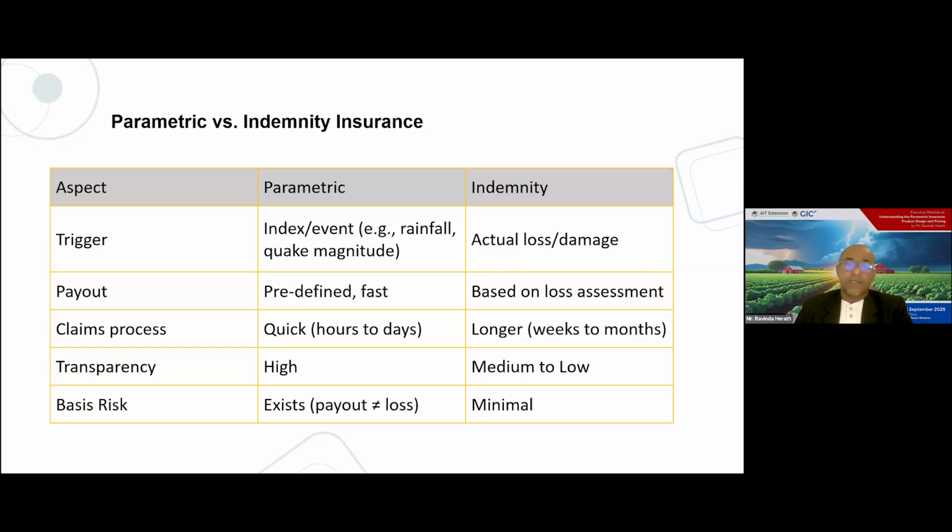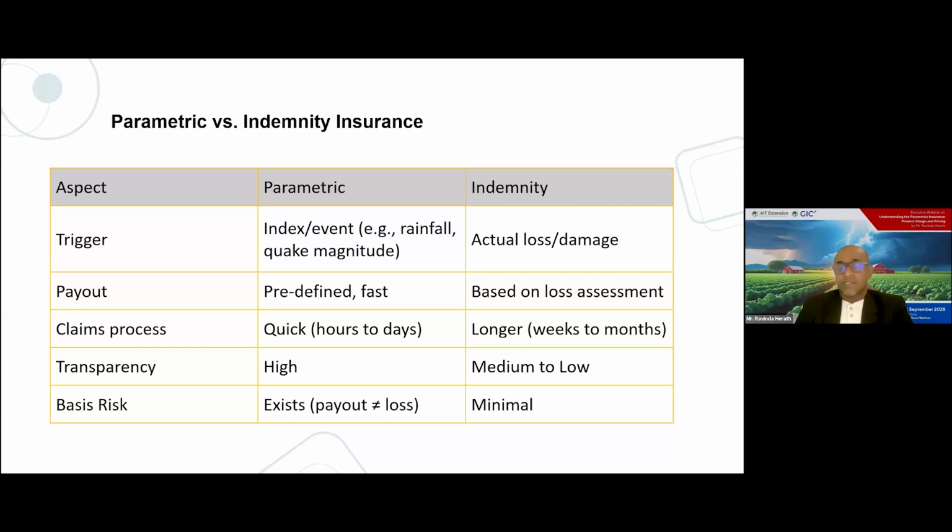The claim process is very quick in parametric insurance, like hours to days. Maybe it depends on the availability of the data, but it is much faster than indemnity. Indemnity is longer, weeks to sometimes months. When we talk about transparency, parametric has very high transparency because farmers know the product very well before going into the insurance.